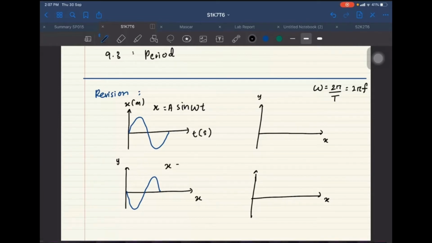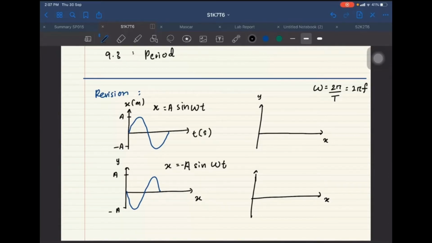It will be a negative sine. Everything else is the same. You still have the amplitude A and negative A like previously. So it will be A negative sine omega t. Negative here means the graph is flipped on the x-axis.